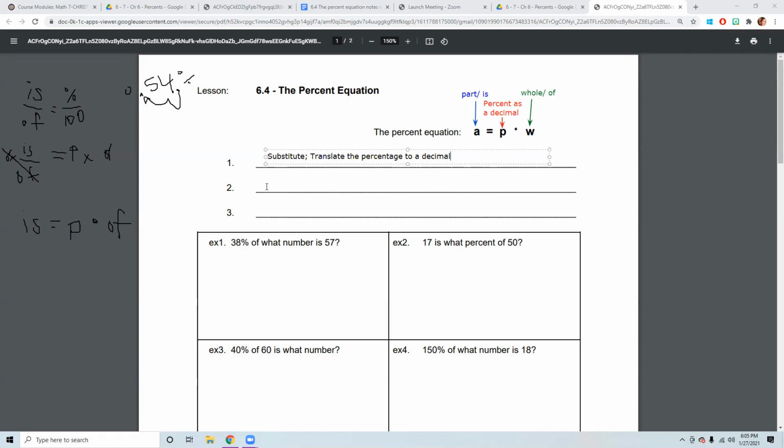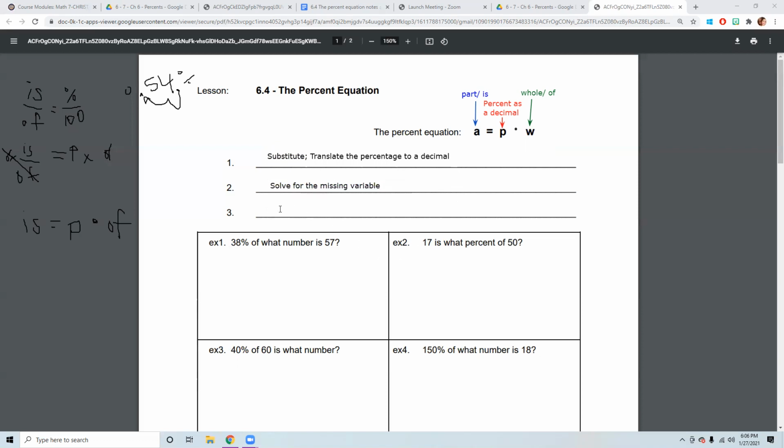The second step to solving the percent equation is you're going to just solve for your variable. And so we've done a lot of work over this past year over solving 1 and 2 step equations. And so this is going to be solving a 1-step equation. So you're solving for the missing variable.